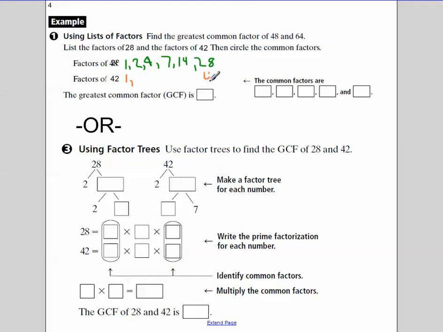My factors of 42 are going to be 1 and 42, 2 and 21, 3 and, 42 divided by 3 is 14.